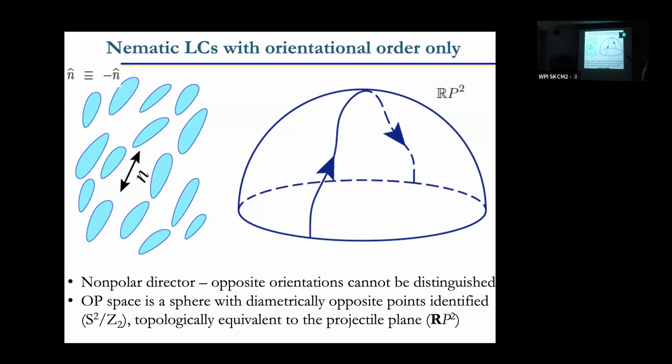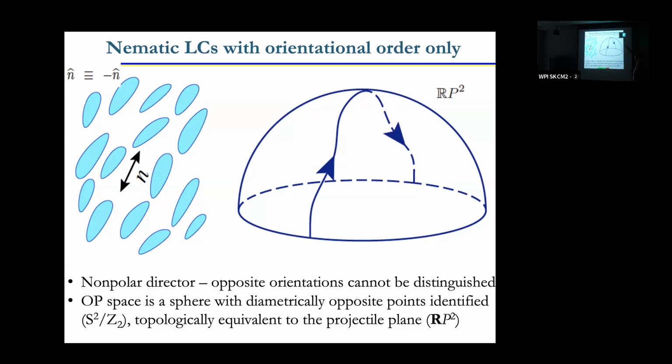If now, however, your director and molecules are allowed to take all possible three-dimensional orientations, for unit vectors, that would be the S2 sphere, right? How about unit directors? Well, it is the S2 sphere with diametrically opposite points identified, so S2 mod Z2. But it's now not quite equivalent to another S2 sphere, right?